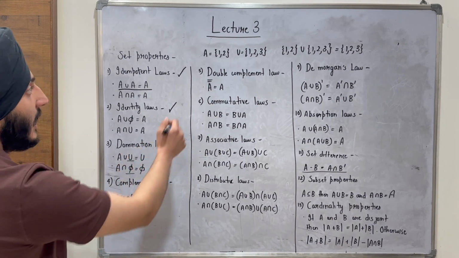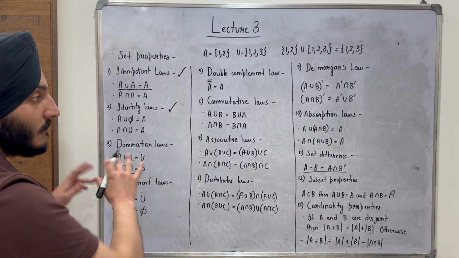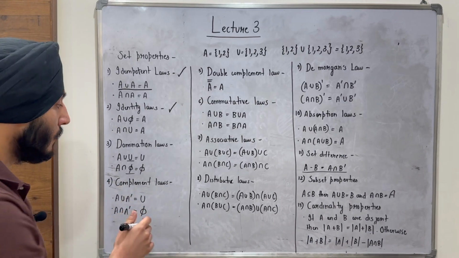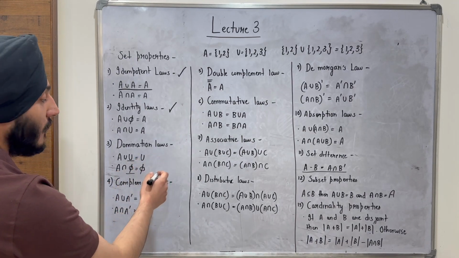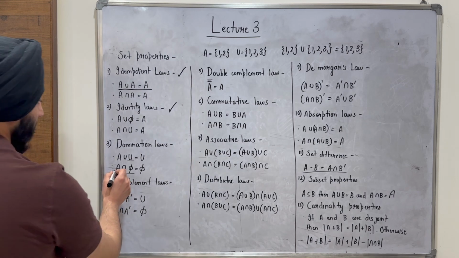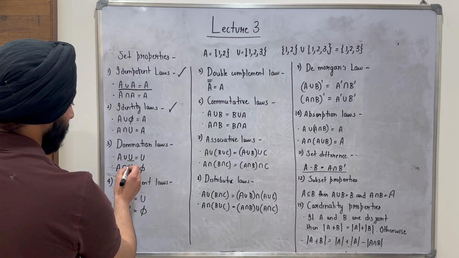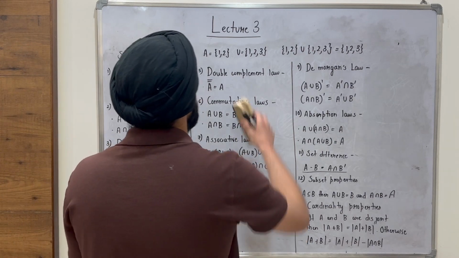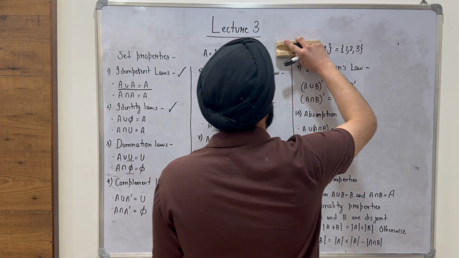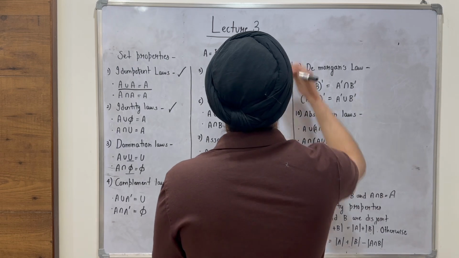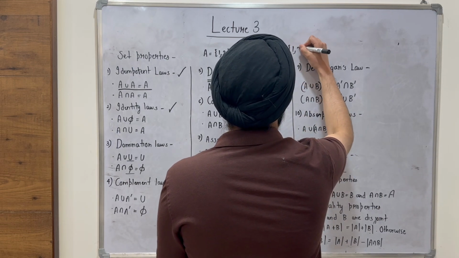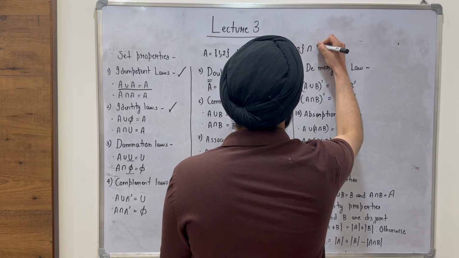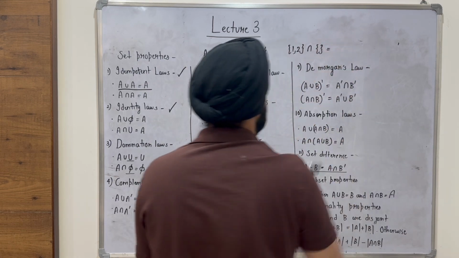If I change A, add another element which is still in the universe though, it's still going to result in the universal set. But now if I take A intersection the empty set, what is the intersection? If I take A, which is 1, 2, intersection the empty set, think about it.